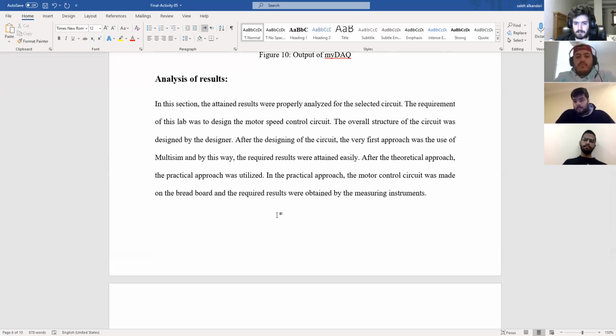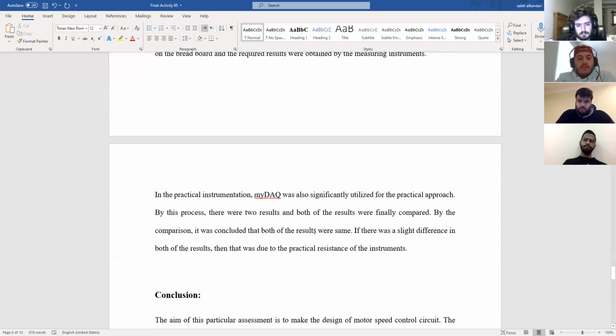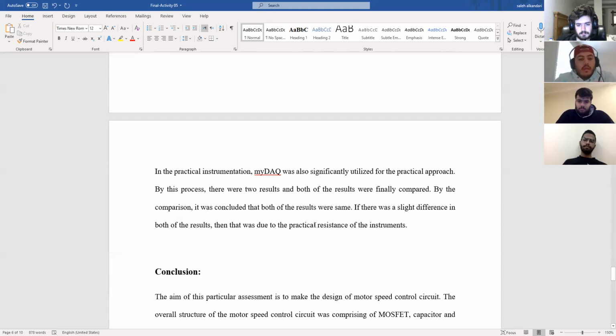After the theoretical approach, the practical approach was utilized. In the practical approach, the motor control circuit was made on the board, and the required results were obtained by measuring with the instrument. The particular instrumentation, MyDAC, was also significantly utilized for this approach.